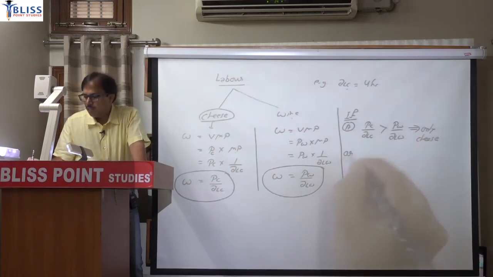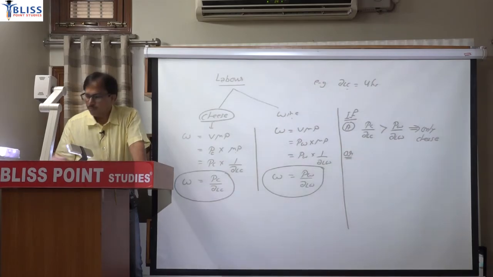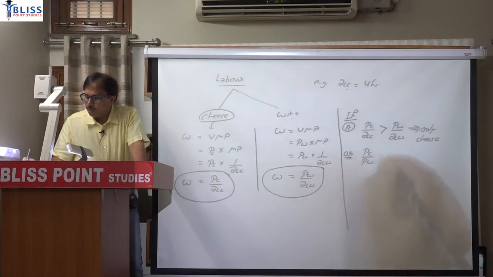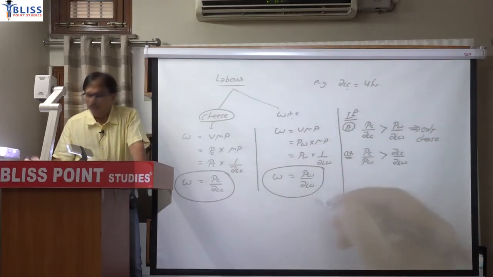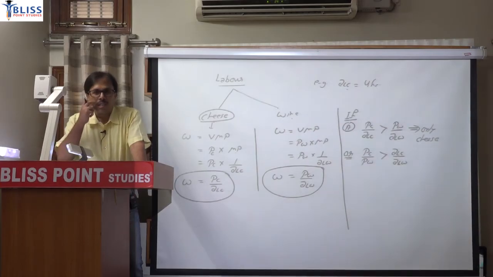You can write the same thing alternatively in this form: PC upon PW greater than ALC upon ALW. The same thing has been written, just cross-multiplied. Now what is this ALC by ALW? ALC by ALW was called the opportunity cost of cheese. And what is PC by PW?